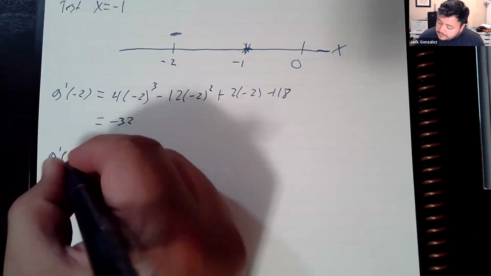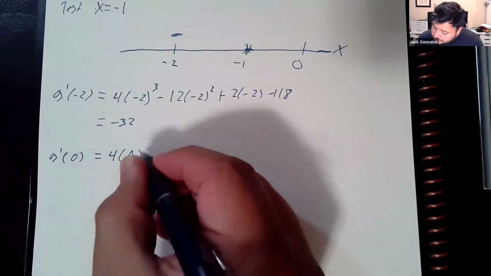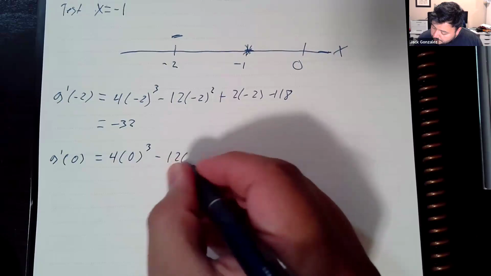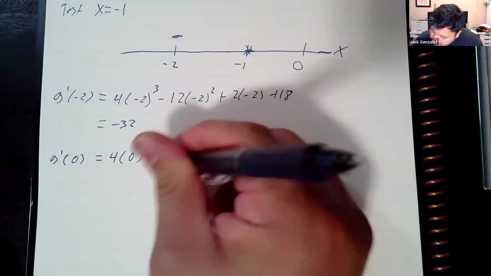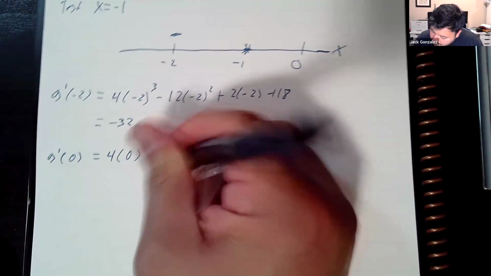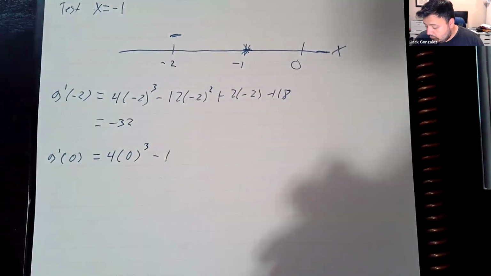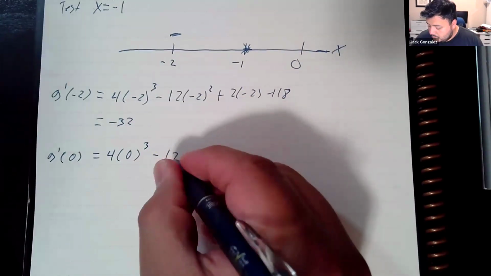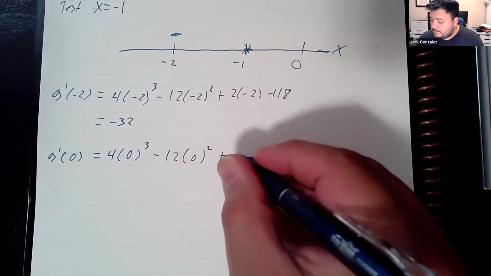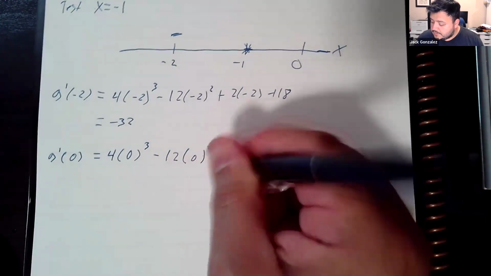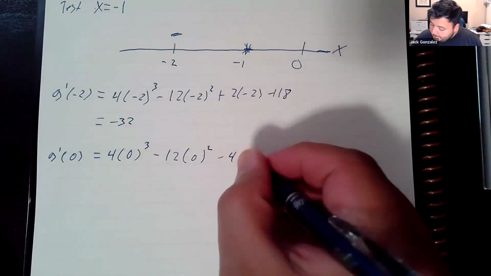G prime of 0, that's an easy one. 4 times 0 cubed minus 12 times 0 squared plus 2 times 0 plus 18.